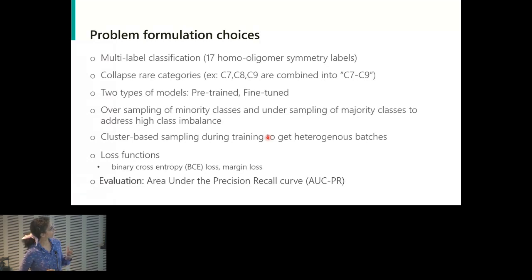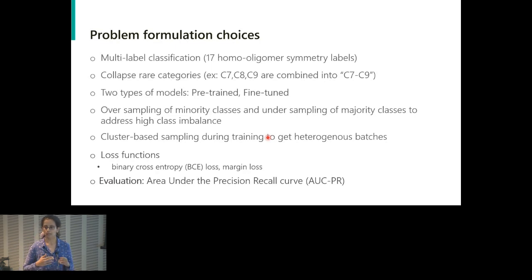We collapse rare categories such as C7, C8, C9, which are cyclic oligomers, into a single category, C7 to C9, for example. We consider all the protein foundation models in 2 different settings, either as pre-trained models where they are used as feature encoders, or as fine-tuned models where we fine-tune one or more layers of the model.